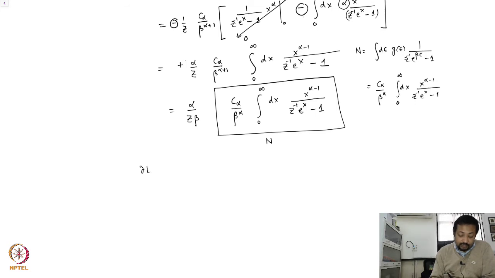So that del E del mu, temperature held constant, is beta times del E del Z, temperature held constant, which is alpha over beta times alpha over Z beta times n.